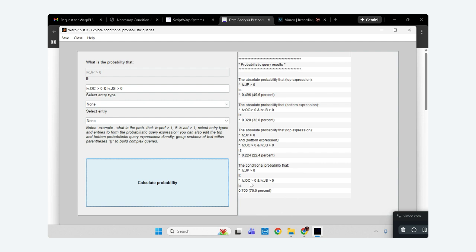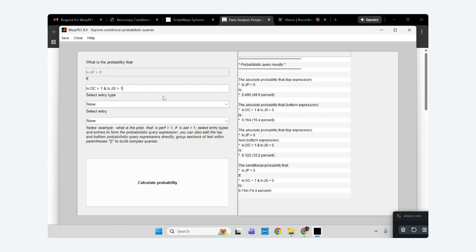Not enough. 70% is not sufficient. So in other words, OC being above average and JS being above average is not enough for JP to be above average. So they're not sufficient. Well, let's consider OC being quite high, above 1 standard deviation from the mean. That brings the percentage to 74, so that's not yet sufficient.